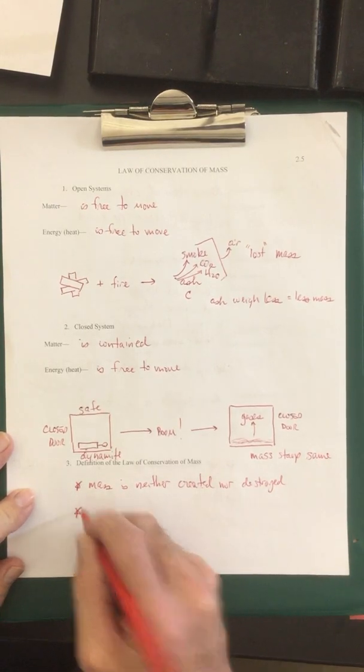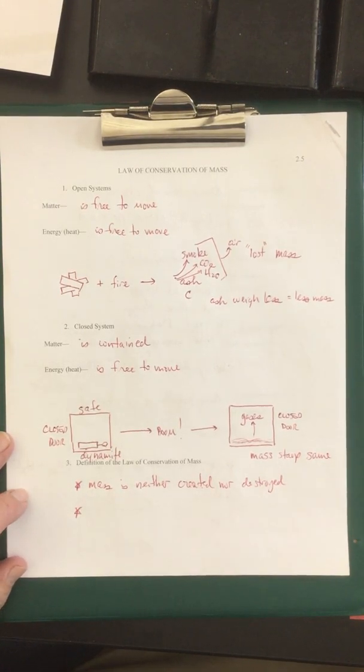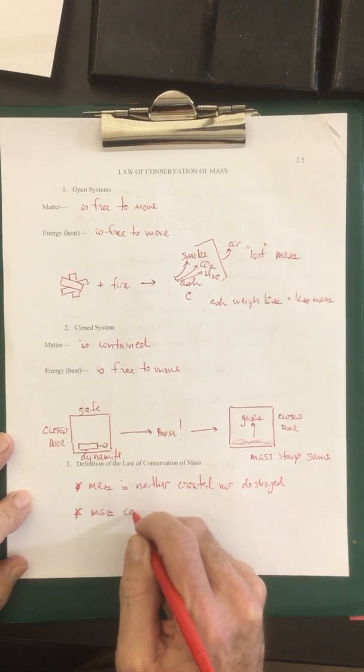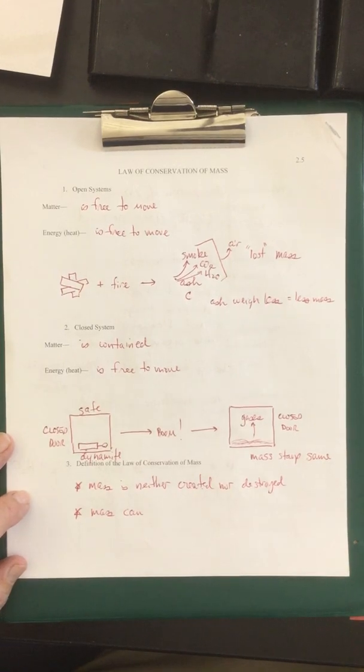There's one more point after mass is neither created nor destroyed. The mass, though, however, can be transformed from one substance to another. This is what happens in chemical reactions.